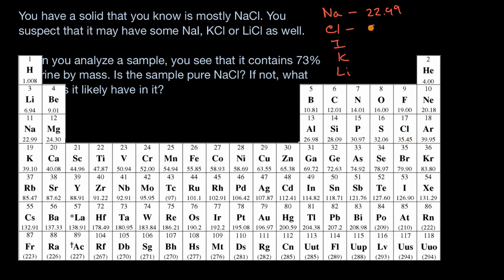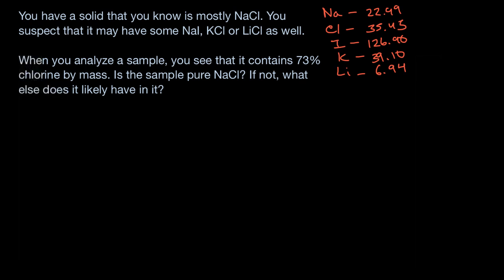Chlorine is 35.45. Iodine is 126.90. Potassium is 39.10. And lithium is 6.94. And so now I can remove my periodic table of elements.